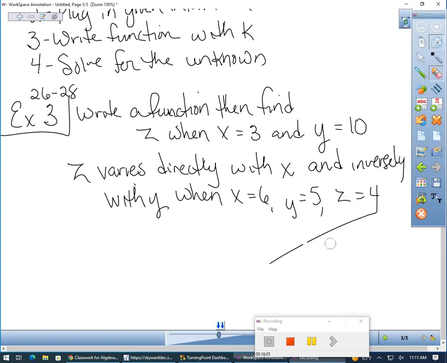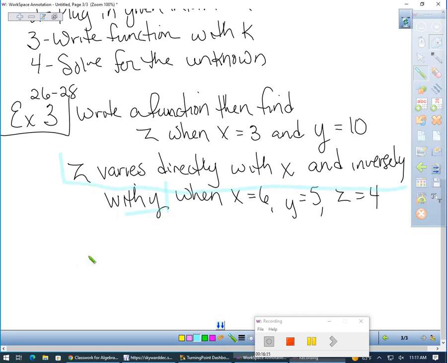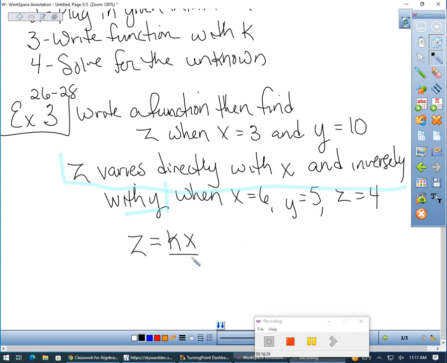All right, so step 1 says to write our function. So we've got to take this beginning information right here and write our function. So we have z. Varies means we have a k. Directly means we multiply by x. Inversely means we divide by y. That's step 1. Step 2 then wants you to take this given information right here and find k.